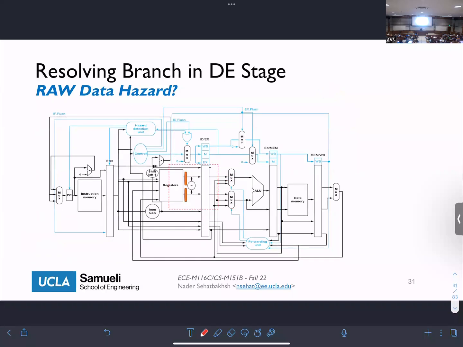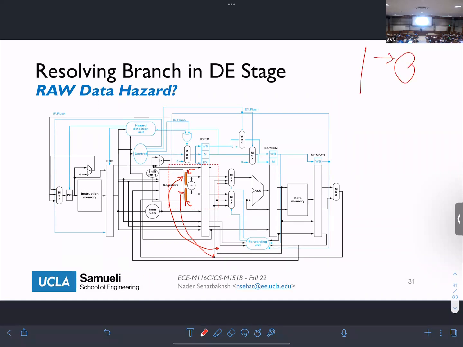We basically need to do the same trick that we used for our EX stage. We need to add these additional multiplexers, which basically get their value from the forwardings. So we are saying, add this multiplexer.